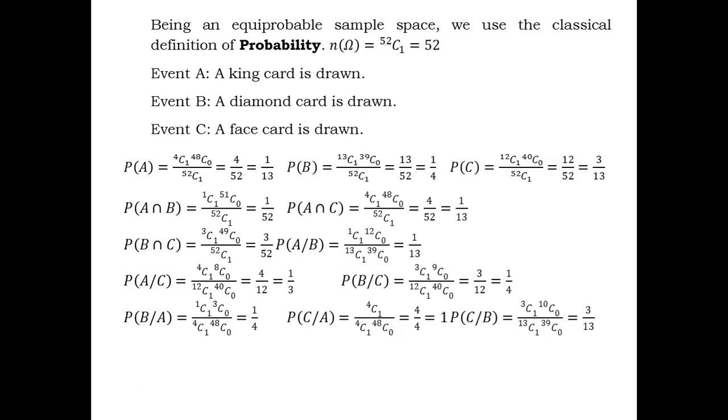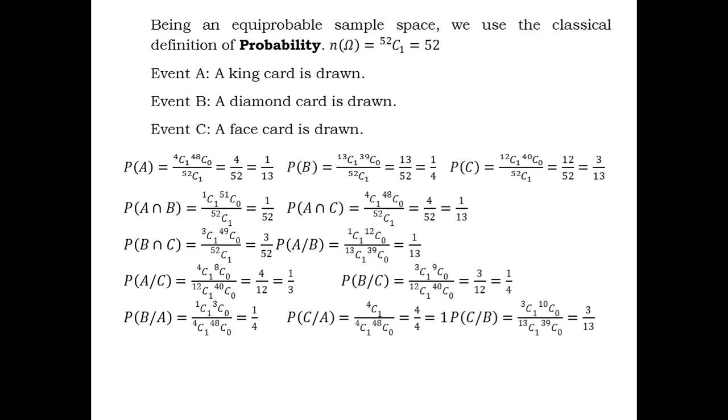And logically, when we try to see whether events A and B are independent, let us think in this way. You have drawn a king card. From that, you cannot tell whether it is a diamond or not. And if a diamond card is drawn, from that we cannot claim that it is a king card or is not a king card.